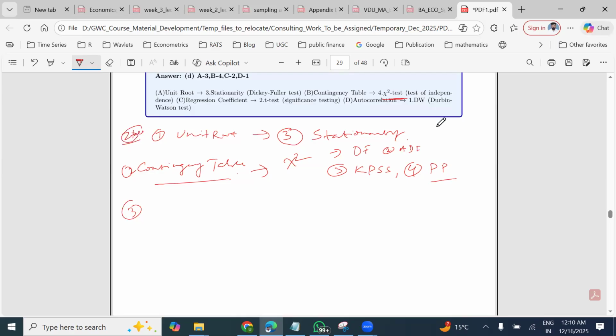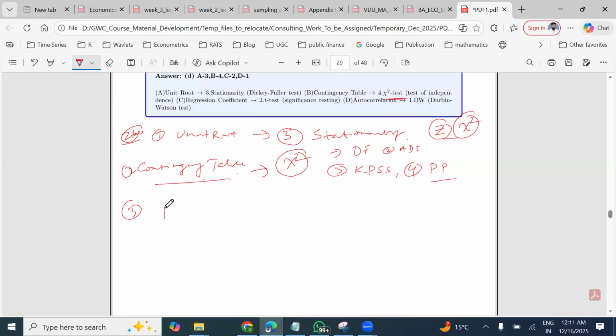If you had asked me the relation between Z, the standard normal variate, and chi-square, that is a relevant question. But what a contingency table is, I will explain later with one example, which will take time. You should know that if a contingency table is there, you have to use chi-square to test independence.